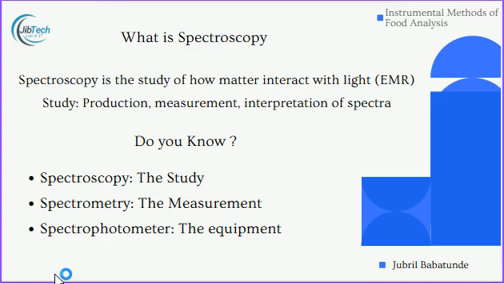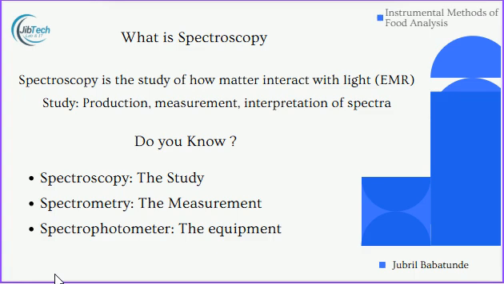By matter, it could be liquid, it could be solid, it could be gas, but mainly what we mean here is molecules and atoms. So the substances are in a molecular or atomic form in this case.